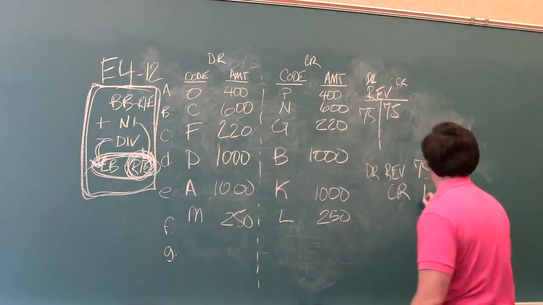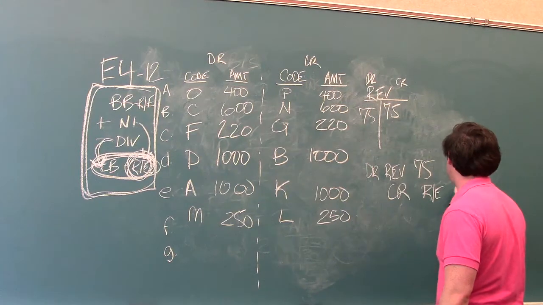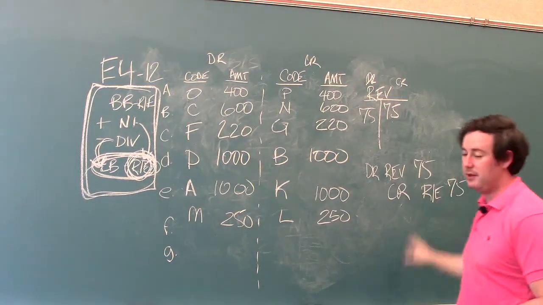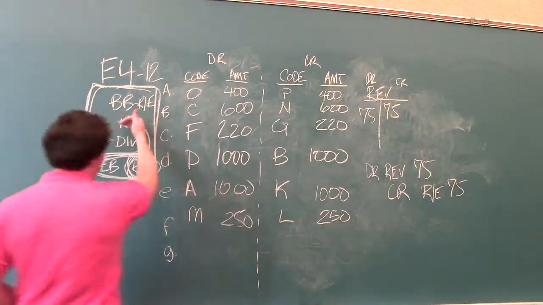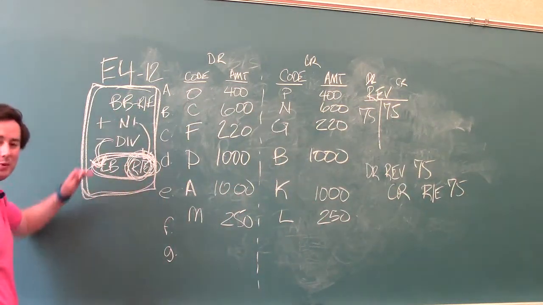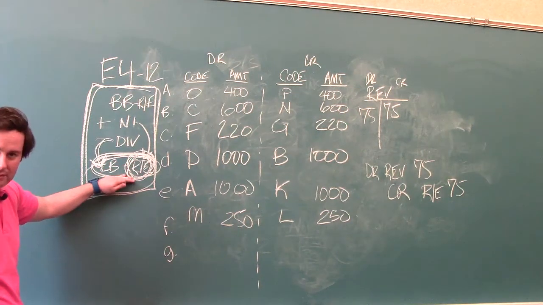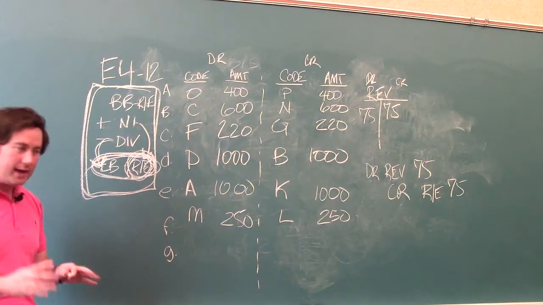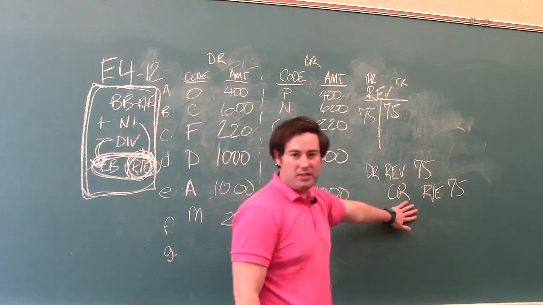So we credit retained earnings. Notice this would increase retained earnings. We credit retained earnings for $75,000 to close the amount, taking the income to retained earnings, because remember, retained earnings is an account. It's not just a calculation, it's an actual journal entry account. So we have now increased retained earnings.